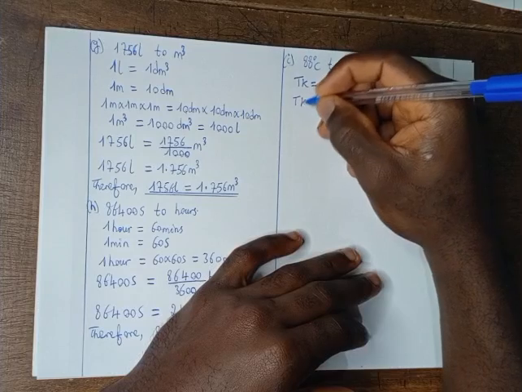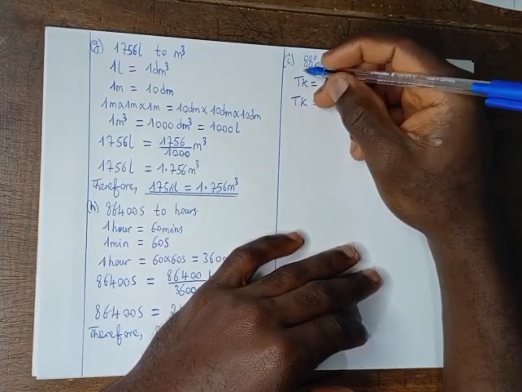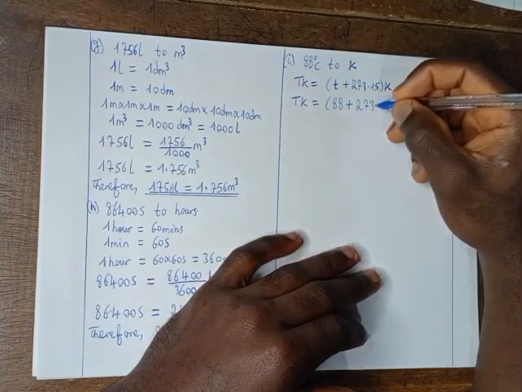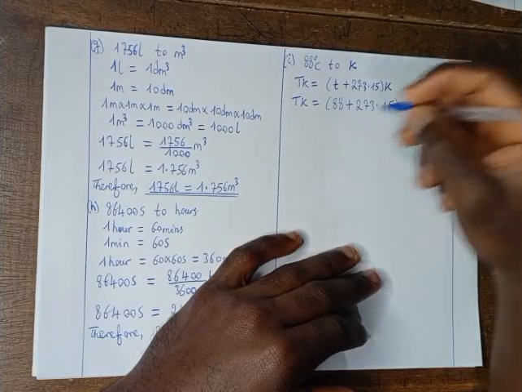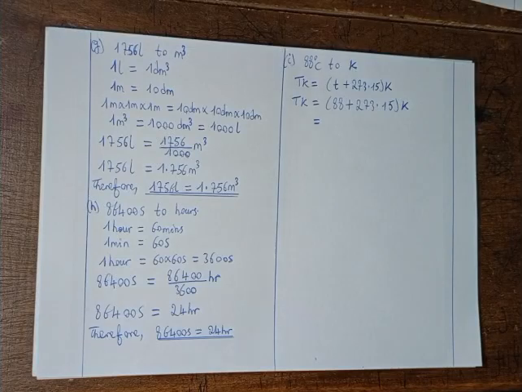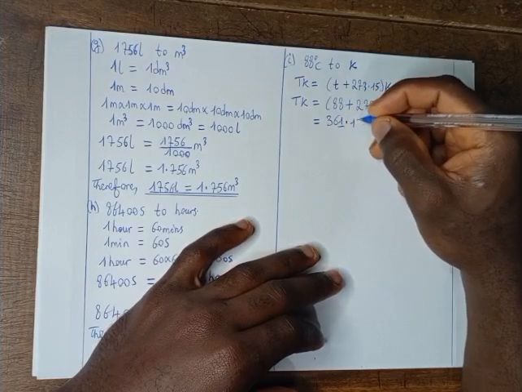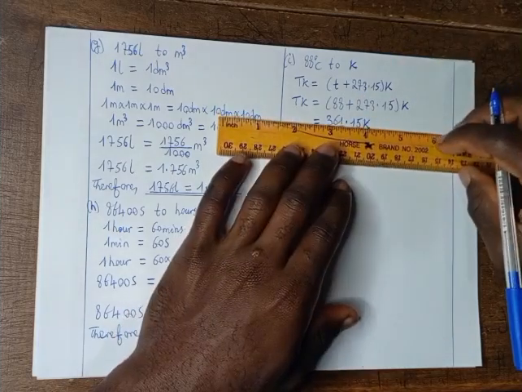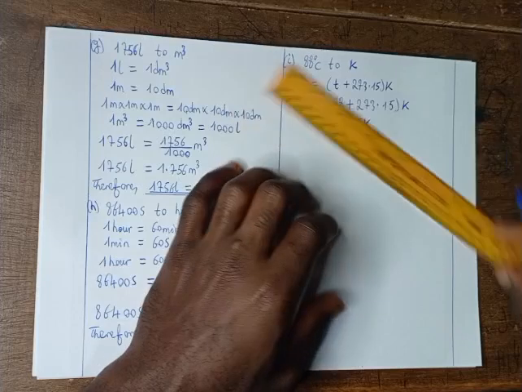This will simply mean that our temperature in Kelvin will be equal to 88 plus 273.15. The unit will be Kelvin. So this will simply give us 361.15 Kelvin. This is temperature 88 degrees Celsius in Kelvin.